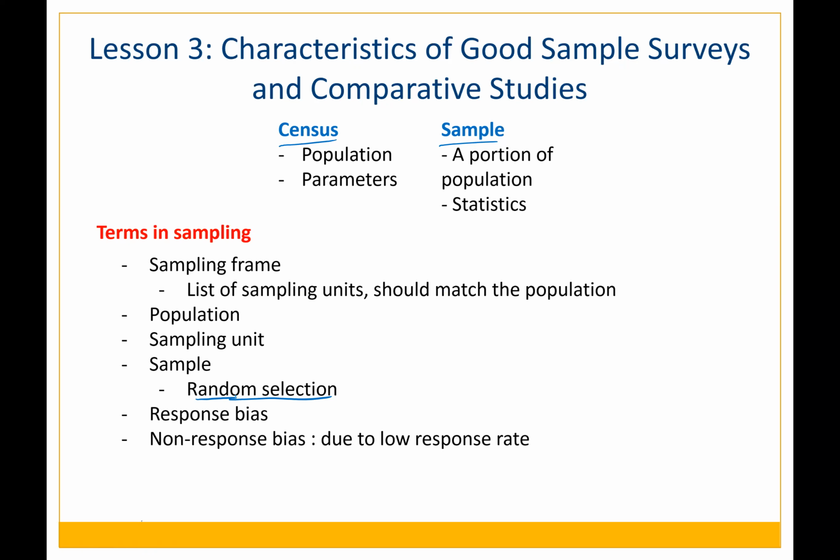On the other hand, non-response bias is more about a low response rate. The person who actually answered the survey might have a different opinion compared to the one who doesn't answer. So the result of the survey might not be representative because it doesn't include all types of opinions.